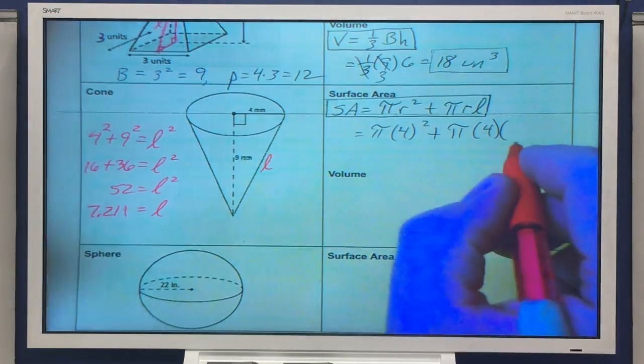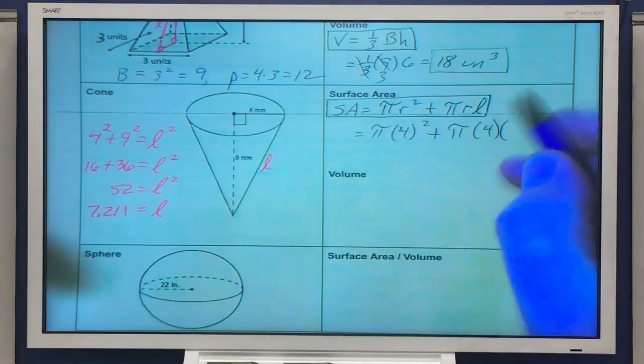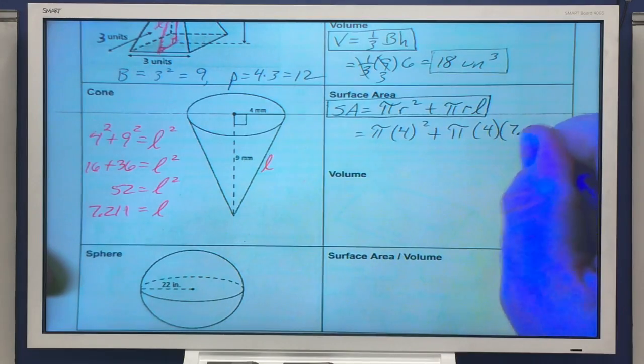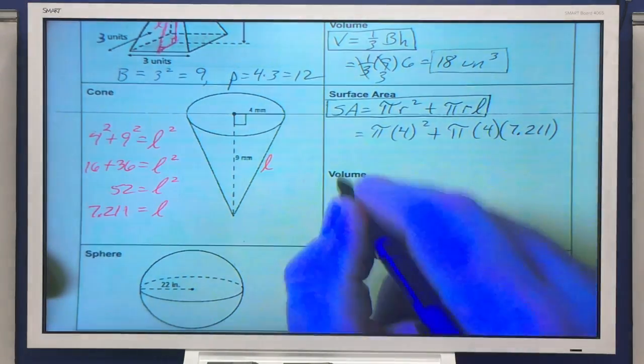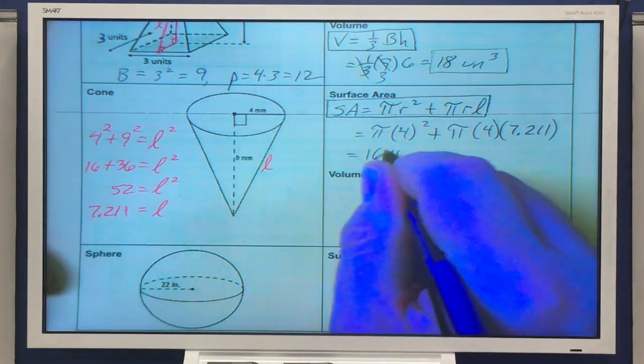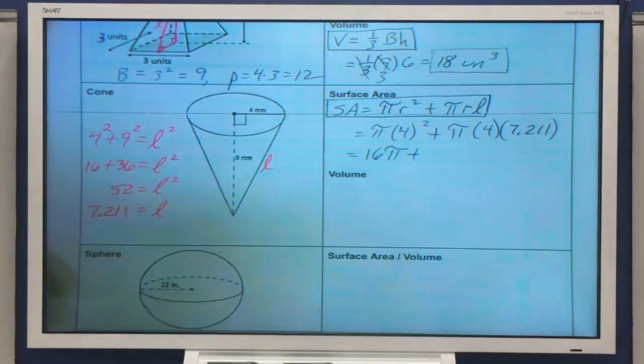So that's the number I need over here now. I need to have that 7.211 number over here. And like I did before, I'm going to work from right to left. So I know this is 16 pi, but I don't know how many pi this is.